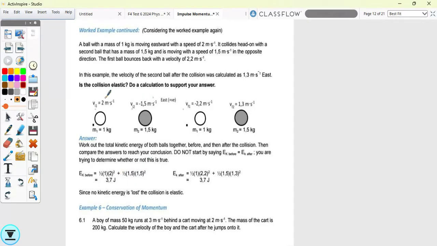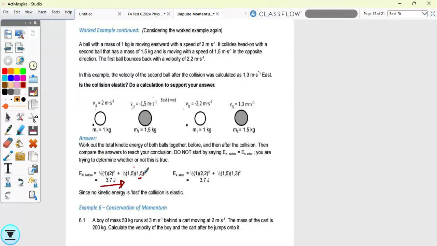This one was 2 meters per second, and this one was minus 1,5. They left the negative out here. You don't have to leave it out. You can put it in, because 1,5 times 1,5 is still going to give you a positive answer. So the kinetic energy before is half mv squared.